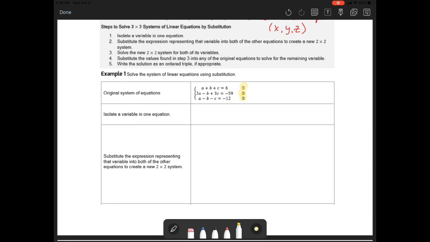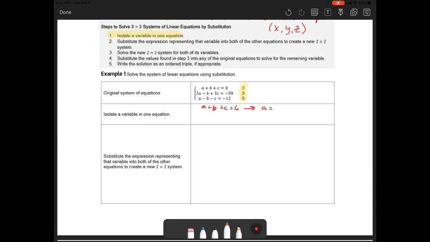So guys, the first thing I'm going to do is make one of these equations isolate the variable. That's our first step right here: isolate the variable. The one I find might be the easiest is our first equation, a plus b plus c equals 6. I'm going to make this entire thing equal to a.